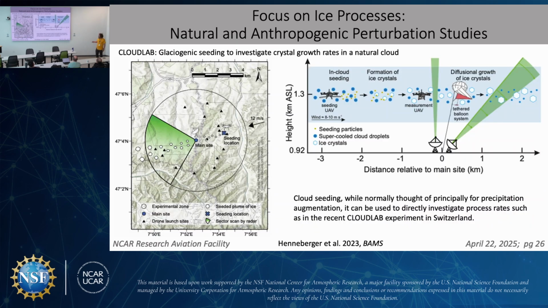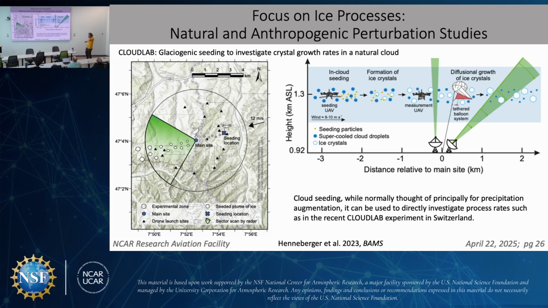So another experiment that I want to point out in terms of how can we utilize perturbation studies possibly to get at an understanding of ice processes. So this is a study that was reported initially in BAMS by Jan Henenberger and his group at ETH Zurich.